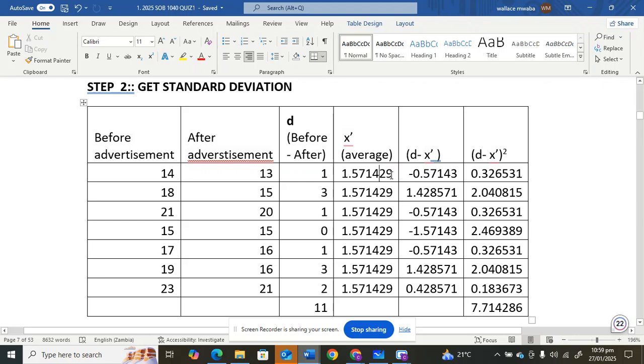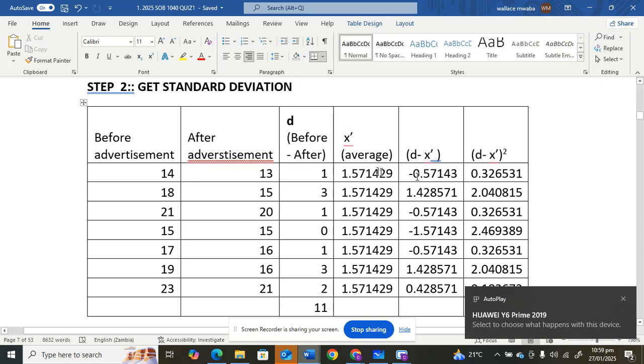Let me see. 1 minus 1.57 gives a negative.